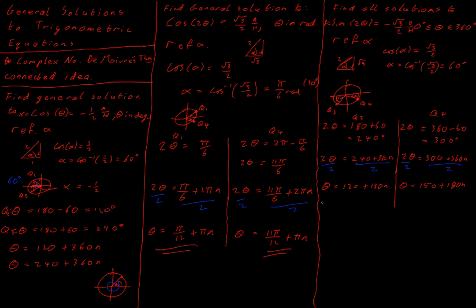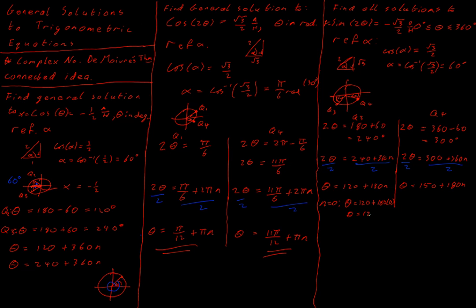So let's set n is equal to 0. We start with n is equal to 0 because we know that theta is equal to 120 should be a valid solution. So we don't want to lose that solution. So it's important that we remember that n is equal to 0 is our first angle. Then we get 120 plus 180 times 0 just gives us 120.